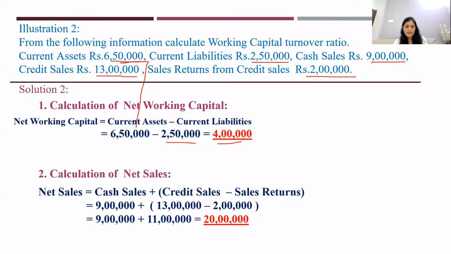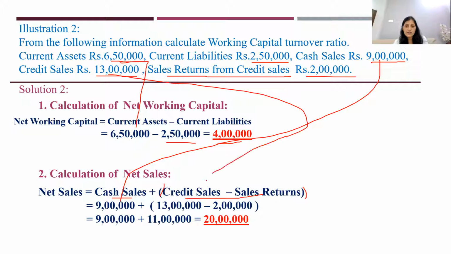Then calculation of net sales. So net sales, as I've told you, is cash sales plus credit sales minus sales returns. I have put a bracket over here, that is because it is specified here sales returns from credit sales. So cash sales is 9 lakhs, I have taken it here. Credit sales is 13 lakhs, this is being taken here.